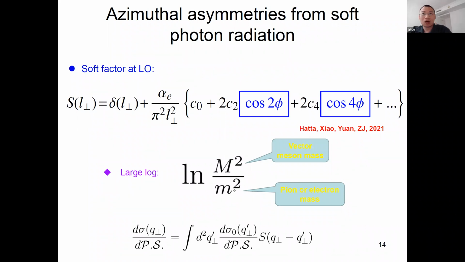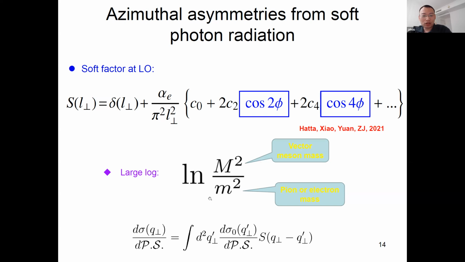The leading power contribution comes from the infrared region, where the momentum carried by the radiated photon is small. The observed transverse momentum of the lepton pair is the sum of the J/psi transverse momentum and the recoil transverse momentum caused by the emitted soft photon.